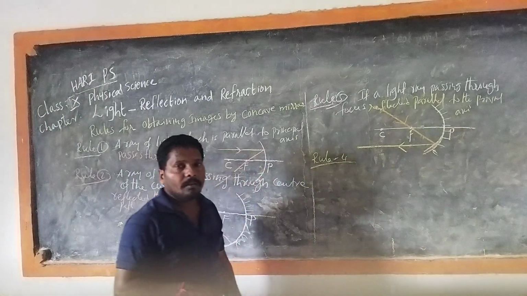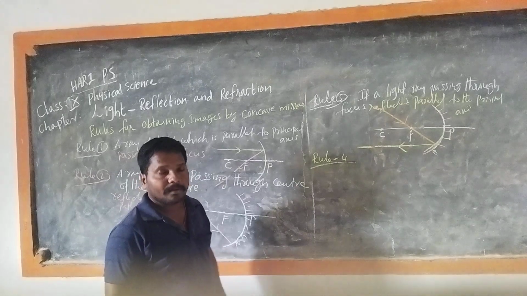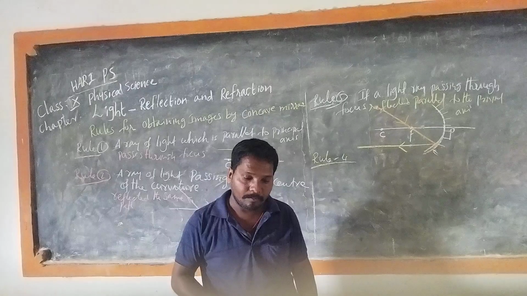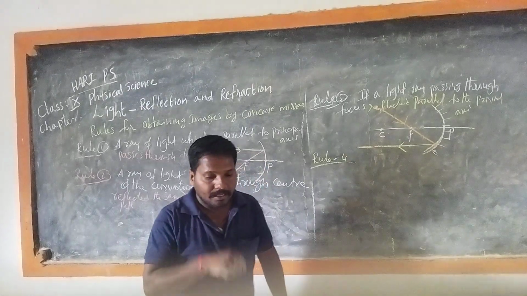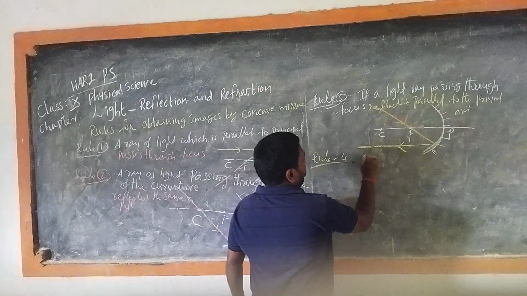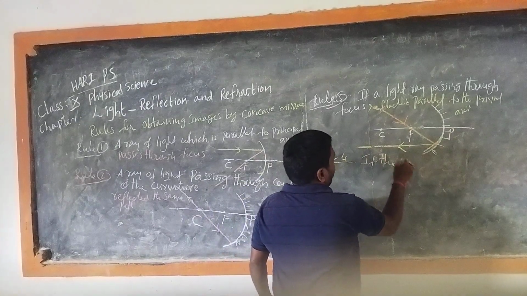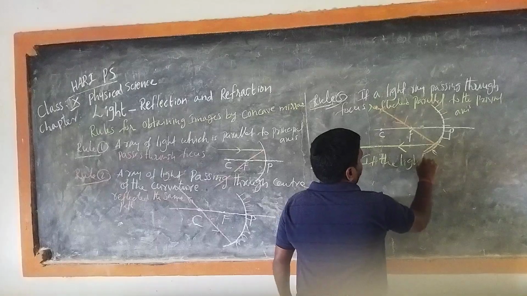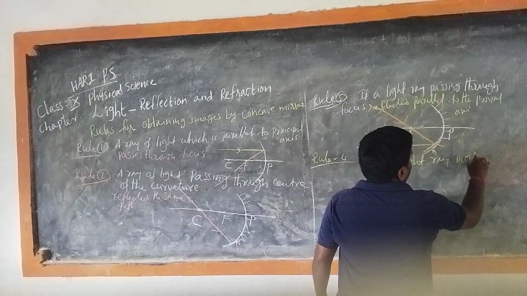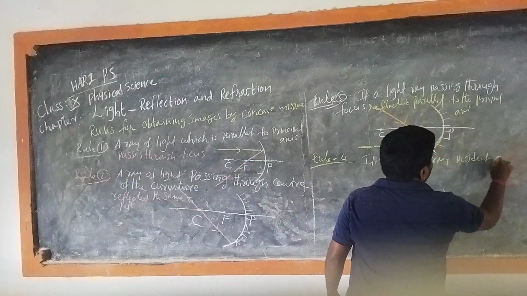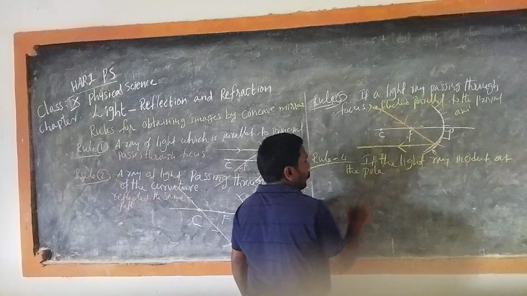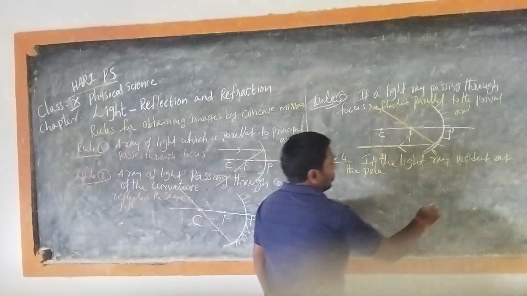Then rule 4. What happens if the light ray is incident on the pole? Ray of light incident at the pole, let us see what happens.